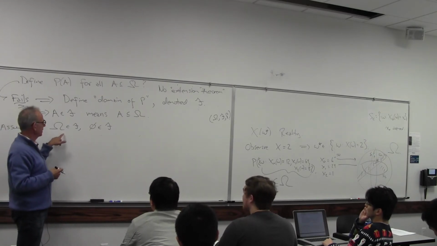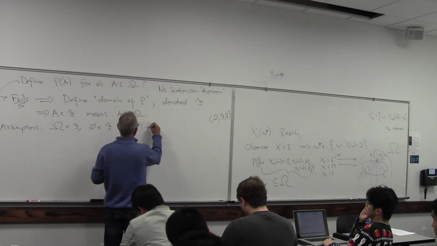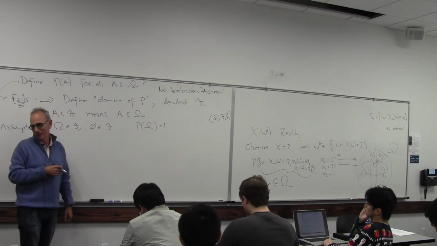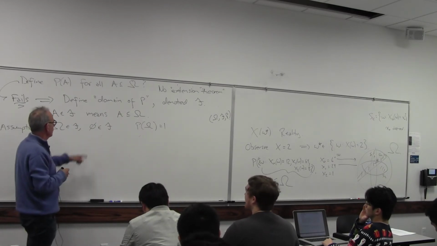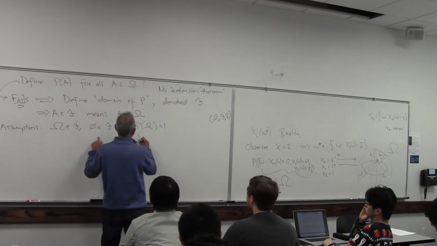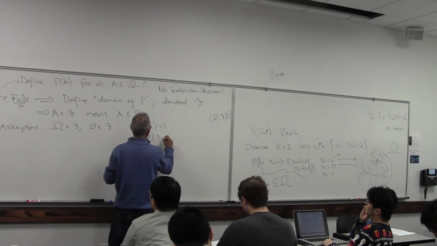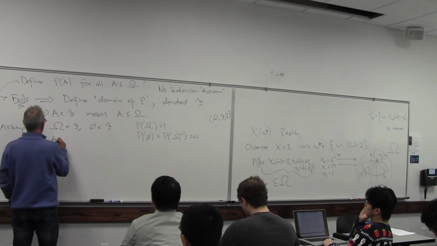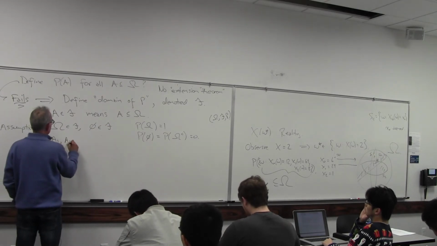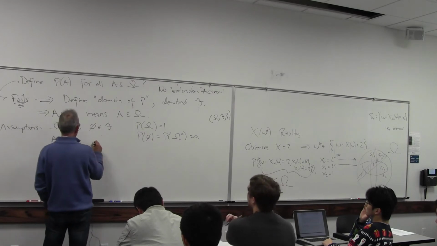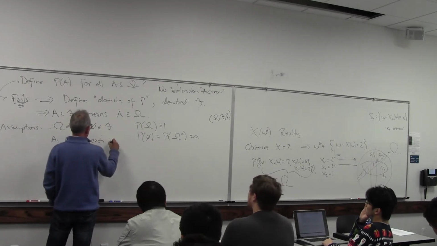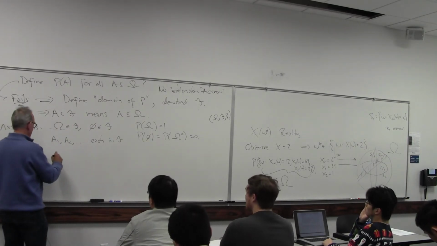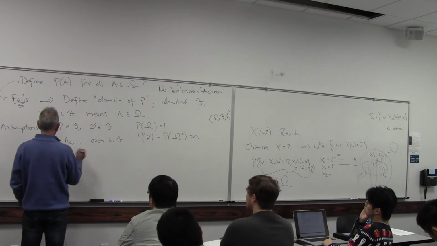The probability of omega is 1, because something happened: nature pulled out some omega star. And of course the probability of nothing happening is 0. And if you have a countable sequence of sets A1, A2, and so forth, then the union is also in F. That's the usual thing.